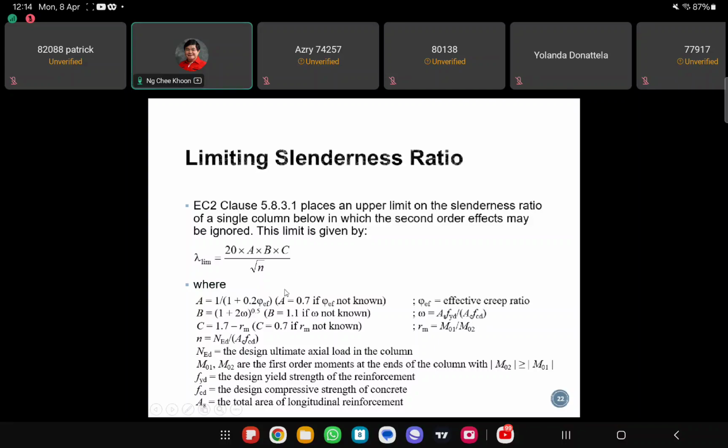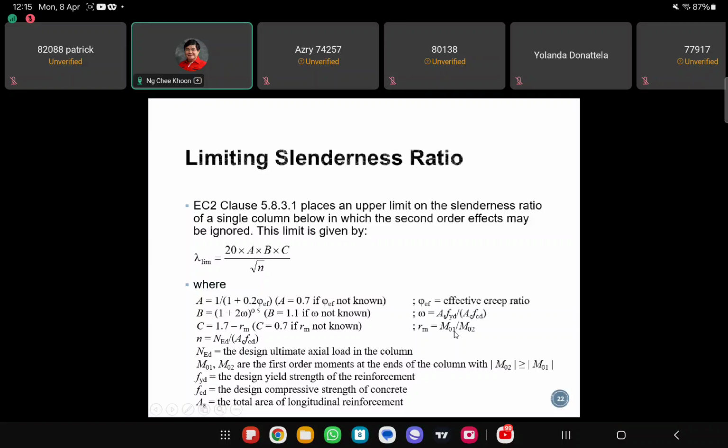And then factor C is related to what I call the first order moment that is acting on your column.